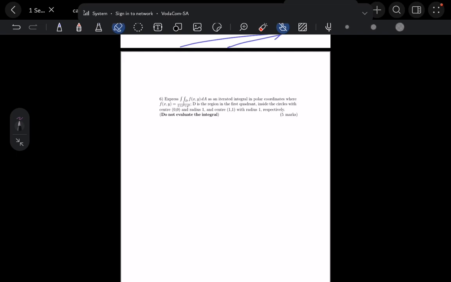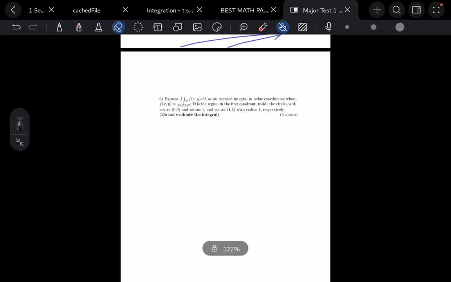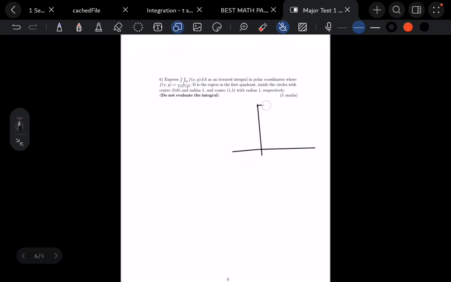So easy. So let us draw that region. Since it's on the first quadrant, it is this part for the circle, and second part it is that part of the circle.